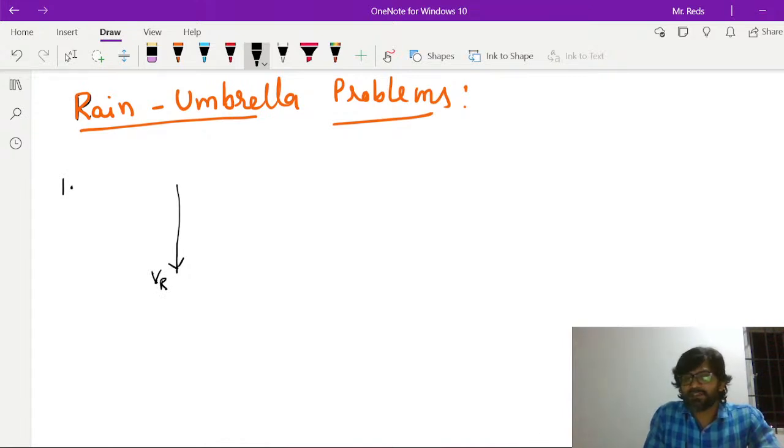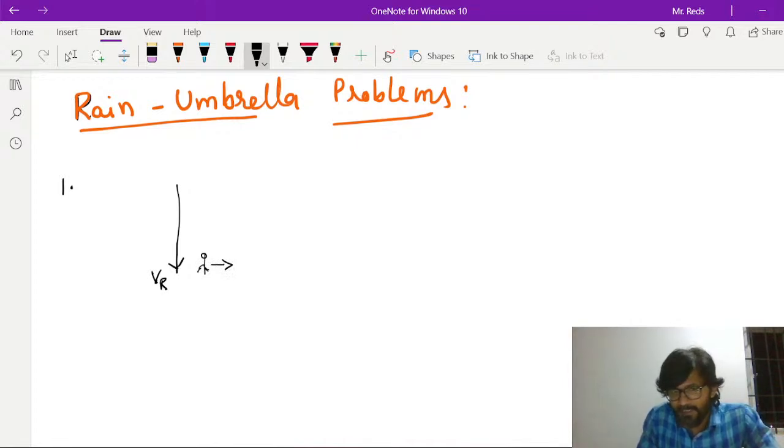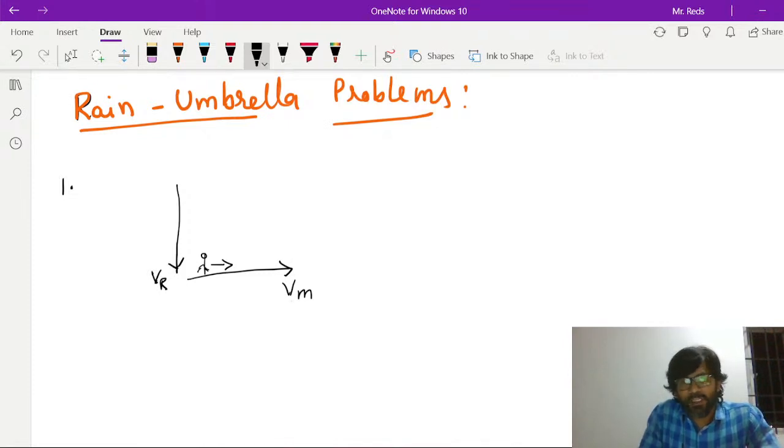And there is a man who is moving towards the right with velocity Vm, and he is holding an umbrella to avoid the rain.